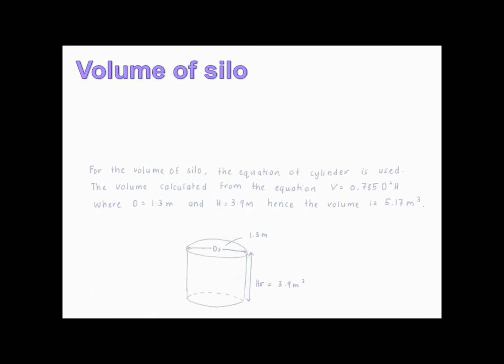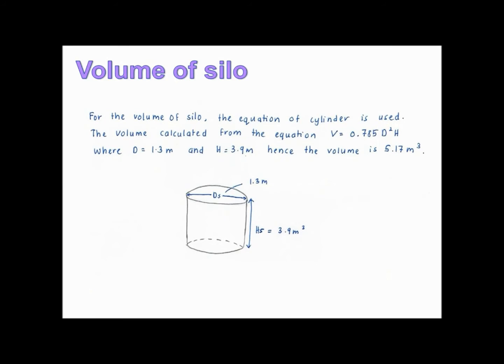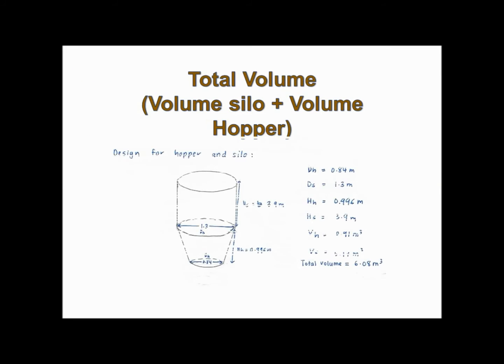The volume calculated from the equation V equals 0.785 d square h, where d equals 1.3 meter and h equals 3.9 meter, hence the volume is 5.17 meter cubed. For the total volume, we sum up the volume of silo and the volume of hopper, and the total volume obtained is 6.08 meter cubed.